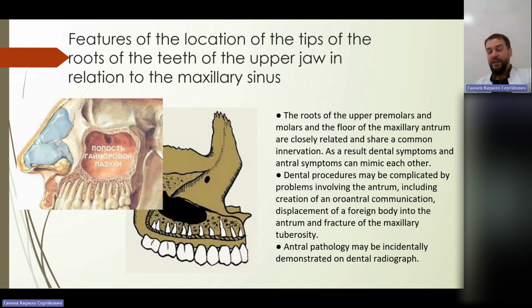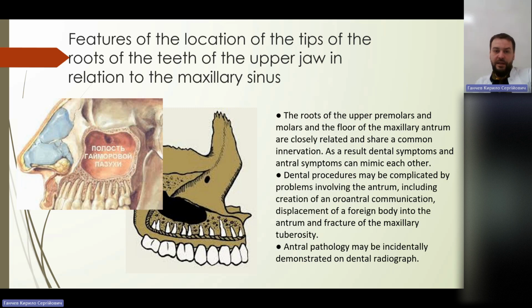That's why we are working with otolaryngologists, right? Dental procedures may be complicated by problems involving the antrum, including creation of an oroantral communication, displacement of a foreign body into the antrum, and fracture of the maxillary tuberosity.